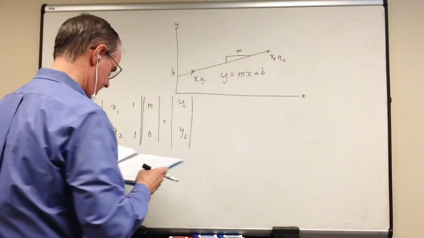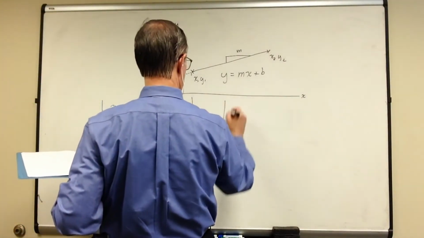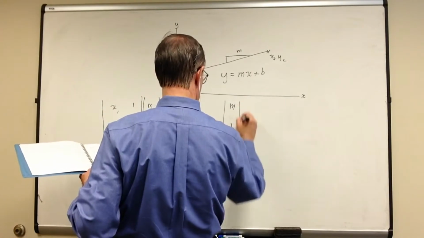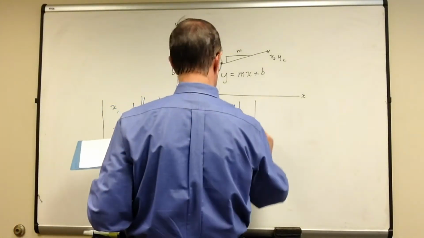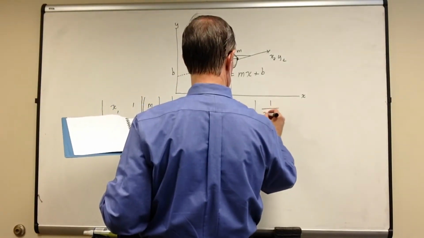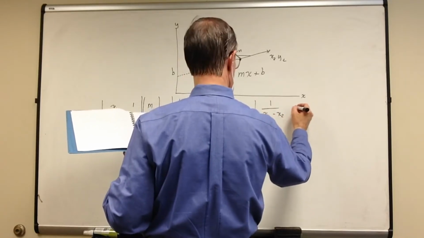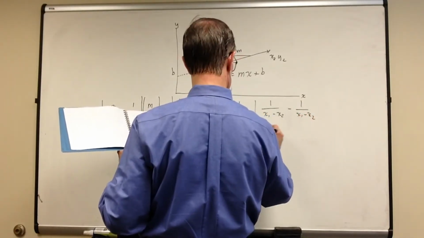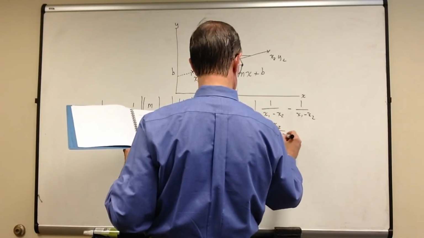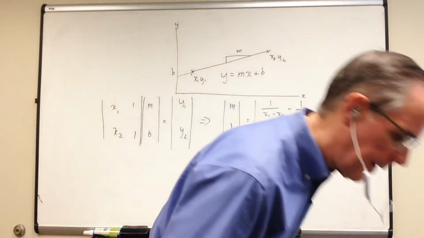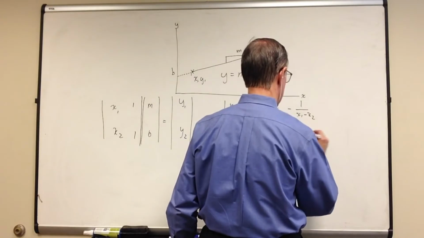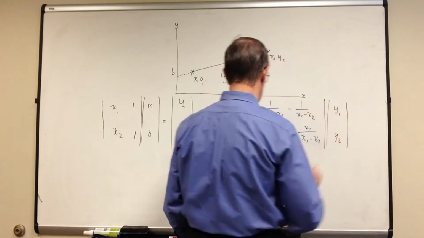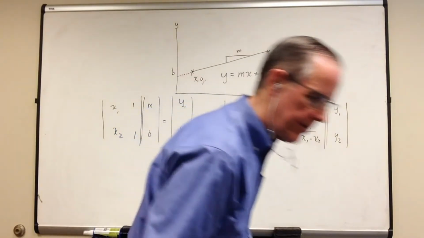And I will end up with m and b equal to the inverse matrix, and the last number in the matrix entry is, I'll multiply this by, and if I did all this, I would end up with something that looked like this.